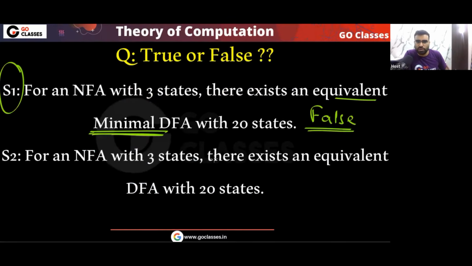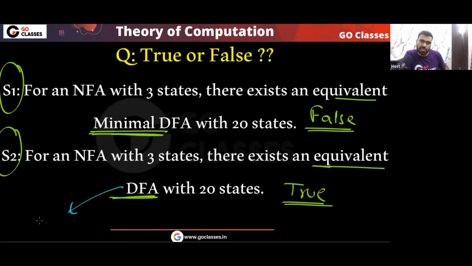But remember, in S2, there exists an equivalent DFA. So this statement is true, because DFA is not unique. Yes or no? This DFA is not unique. But remember, minimal DFA is unique. So did you understand the difference between these two statements? Let me know.